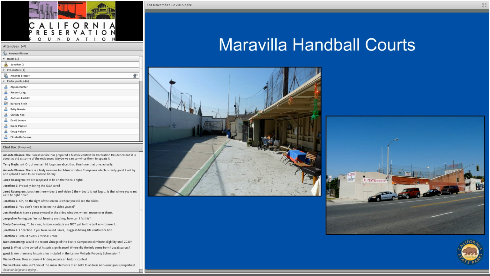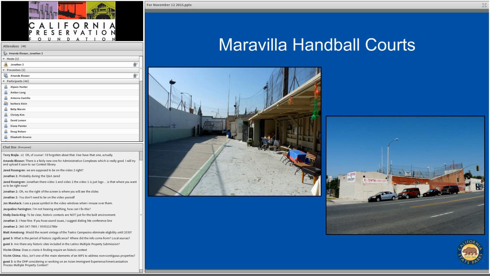Does a criterion A finding require a historical context? I would say that criterion A in some ways requires a broader context than criterion C, because criterion C will always mostly be an architectural context.